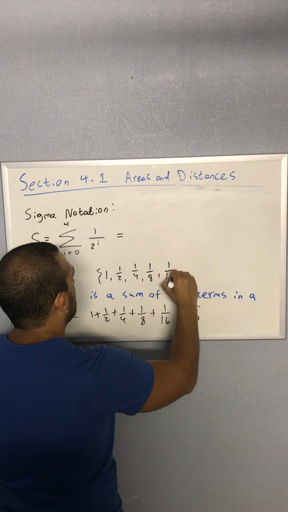And it just says add all of these up. So this literally means you take 1/2 to the 0th plus 1/2 to the 1st, and so on, which is exactly what we have down here once we simplify. So that's all sigma notation is. It's just a very compact way of writing out the terms in a sum.